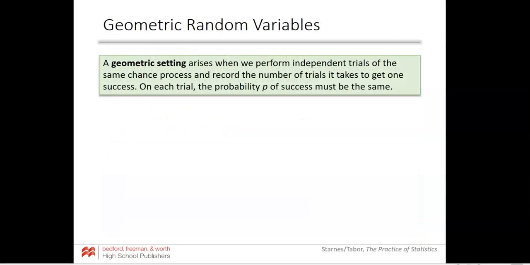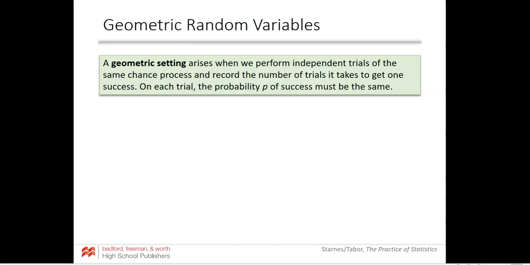So what is a geometric setting? I feel like this is the main part of this lesson, that we have to be able to do geometric, not just calculate mean and standard deviation for binomial. That's when we perform independent trials of the same chance process and record the number of trials it takes to get one success. If you want to put this in your notes, think of geometric as the first time of doing something.